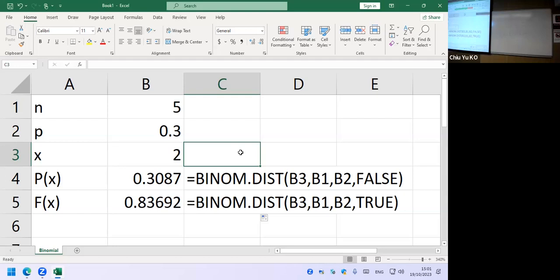Is that okay? I don't want to rush because that's very simple. In case I lose you, we can still continue next week.